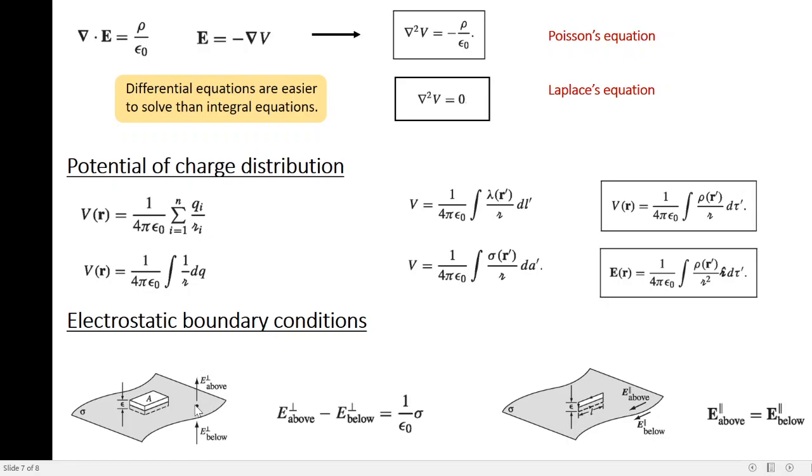So let's assume that the field is made of two orthogonal components, a perpendicular component E perpendicular, which is perpendicular to the interface, and a parallel component E parallel, which is parallel to the interface. Now I'm not going into the details of the derivation, and you find that the perpendicular component is discontinuous by an amount sigma by epsilon naught, whereas the parallel component is continuous, meaning the parallel component above the interface is exactly same as the parallel component below.